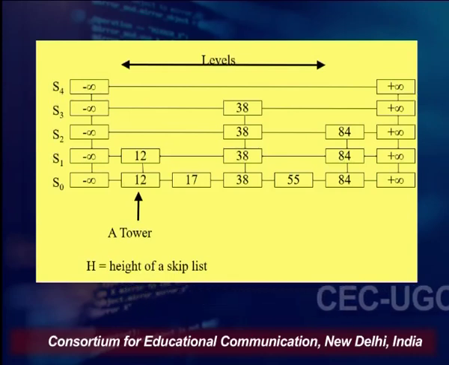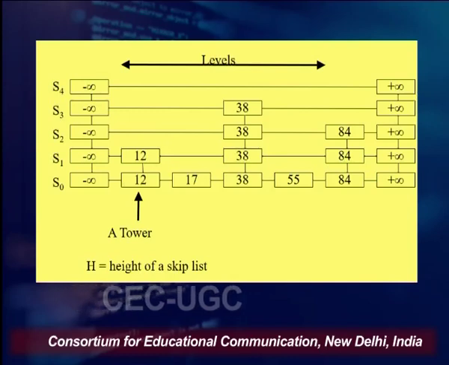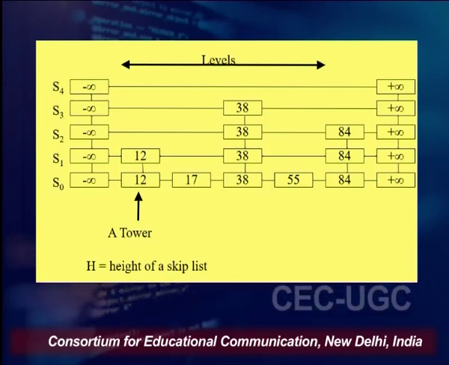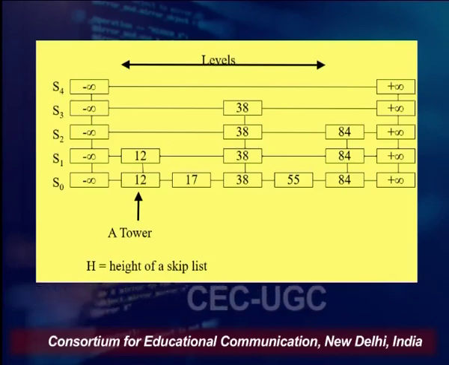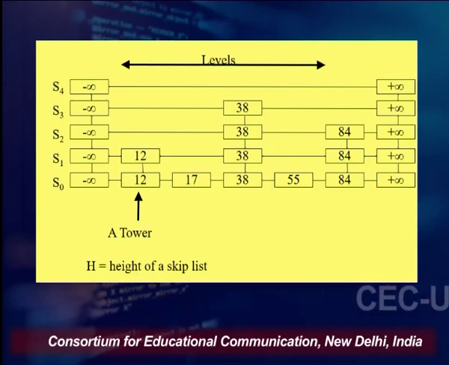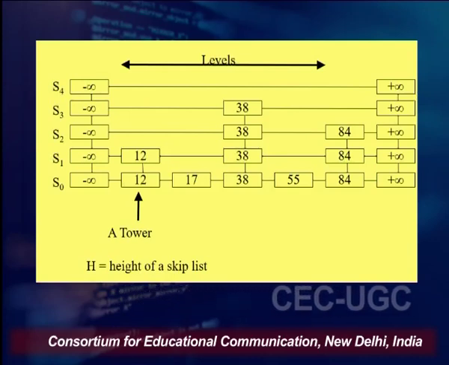S1 has almost half of the elements available at S0, and S2 has half of the elements available at S1. That is why it is named a skip list, because every level above skips some elements available at the lower levels, while S0 has all the elements in sorted order.